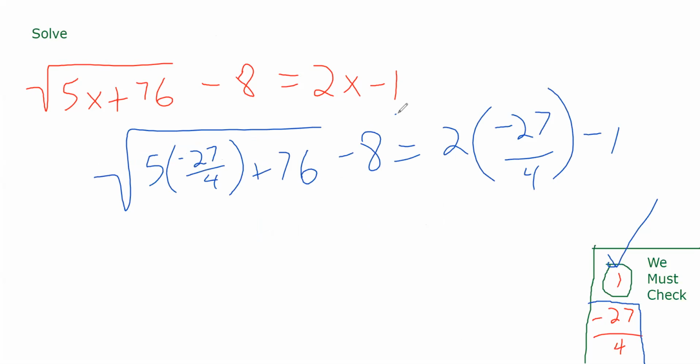We need to make sure it's going to work. What we're really checking is that we're taking the square root of something and not getting a negative number out of it. But remember, we're subtracting the 8 as well, so let's move the 8 over.